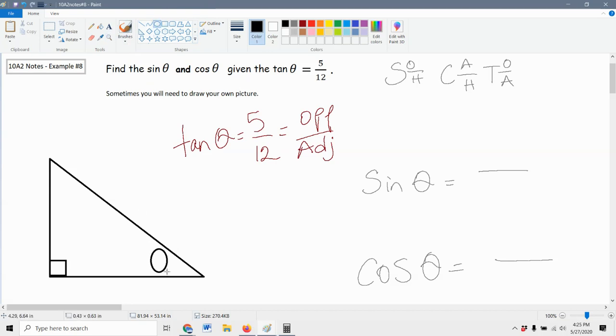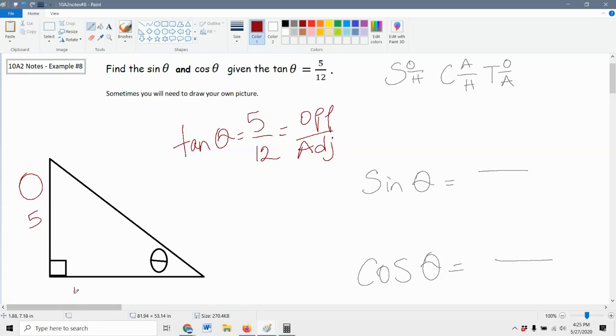So there's theta. Now we want to say, well, the opposite side to theta is 5. And so I'm going to come over here to my opposite side, and it's 5. Okay, that was a given.